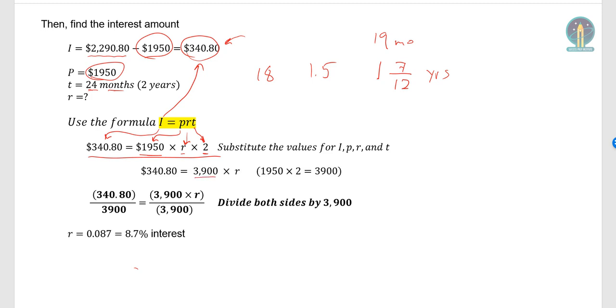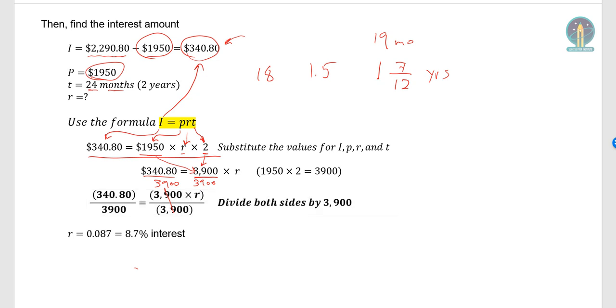So you get 3,900 times R, and 340.80 on this end. Then we can divide both sides by 3,900. So 340.80 divided by 3,900 is equal to R.